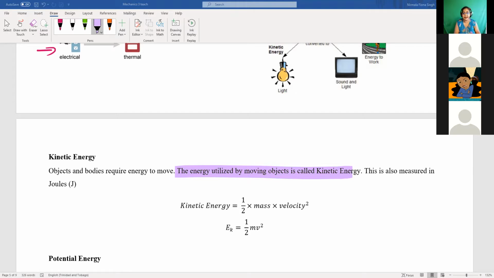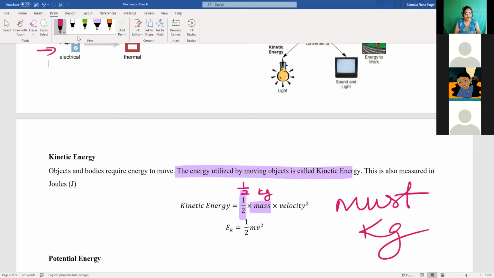So how do we calculate kinetic energy? Kinetic energy is simply half, as in 0.5, multiplied by the mass of the object in kilograms. It must be in kilograms. If it's not in kilograms, it's not going to work out correctly.